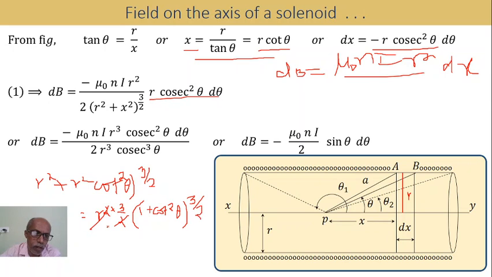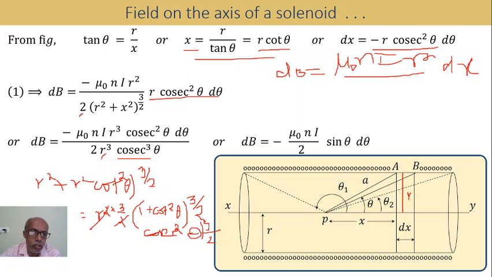This r square whole power 3 by 2 will give rise to r cube as usual, and 1 plus cot square theta will become equal to cosecant square theta, whole power 3 by 2, and therefore square and half get cancelled, it becomes cosecant cube theta.